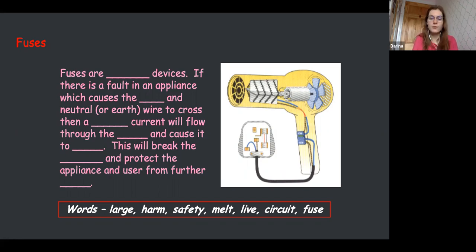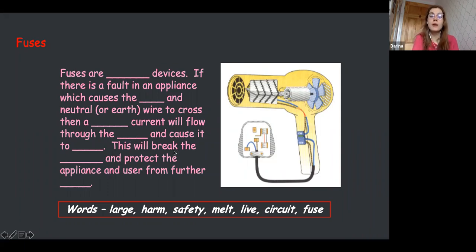Then a large current will flow through the circuit, well done, and cause it to melt. Perfect. This will break the circuit. So to be honest, it could be interchangeable here. Will flow through the fuse and cause it to melt was probably the previous question.